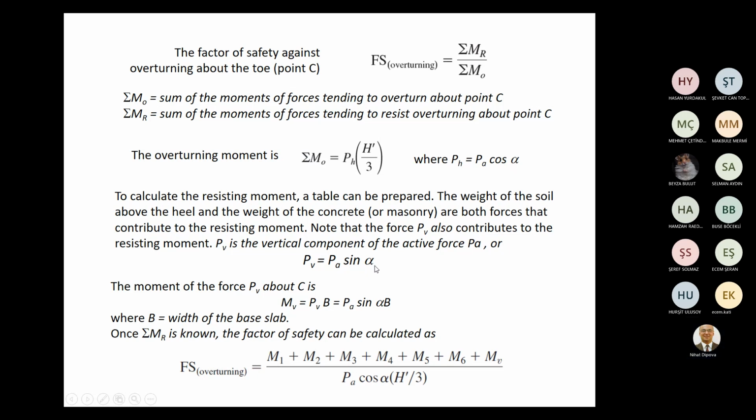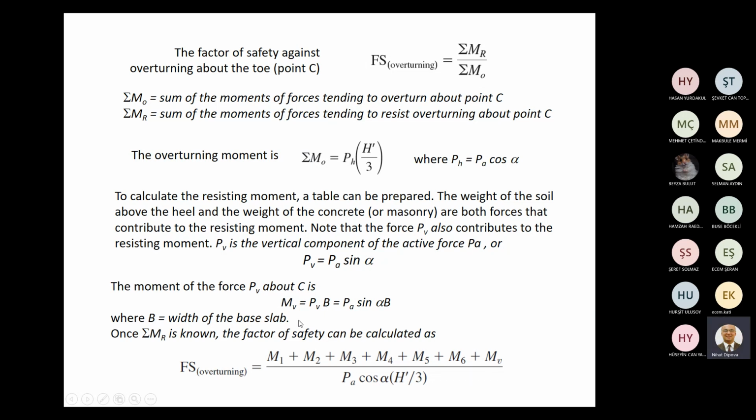The moment of the force Pv about C can be expressed as given here, Pv multiplied by B.